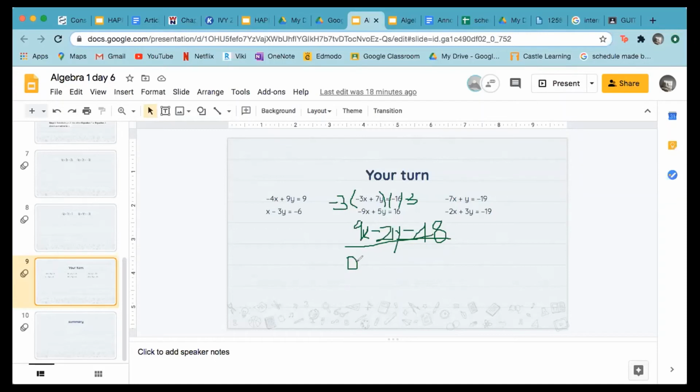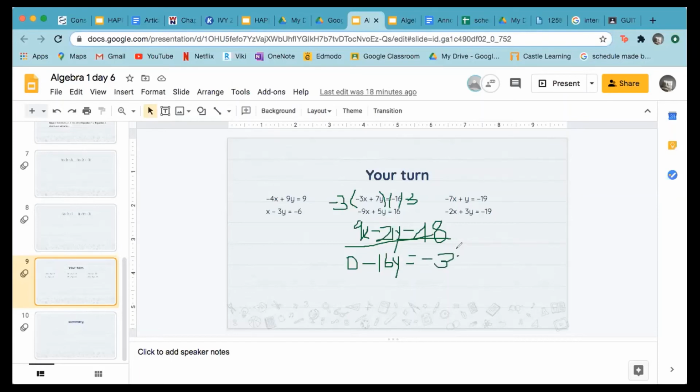Negative 16y. And the final one, what's 16 plus negative 48? Negative 32. Right, so how do we isolate y?